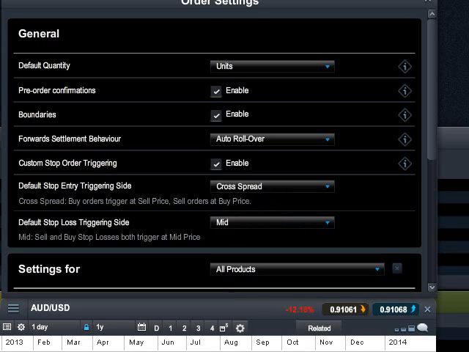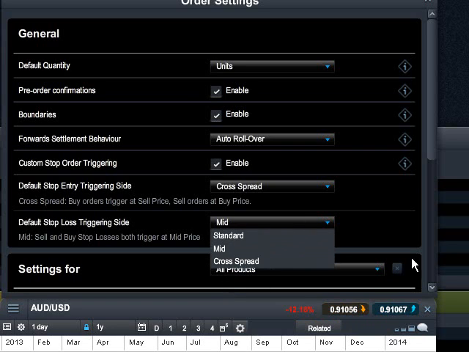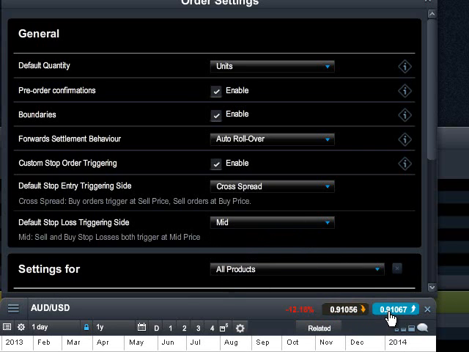That means, for example, if you're long and you have a sell stop loss on, then the stop will be triggered by the bid price, or the price at which you can sell, the lowest of the three prices hitting your level. The mid price obviously is the halfway point between the bid and the offer, and the crossing the spread alternative involves waiting for the last price, or in the case of a sell order, the offer price, or the highest of the three prices, hitting your trigger level.